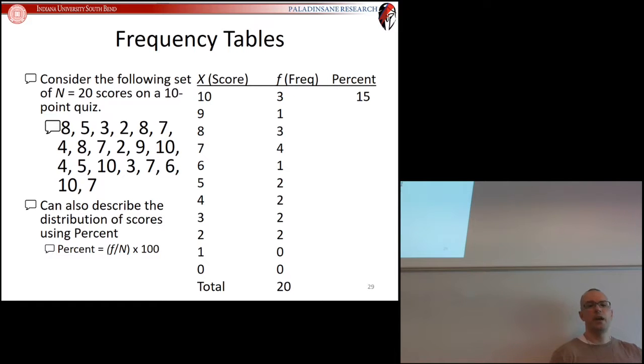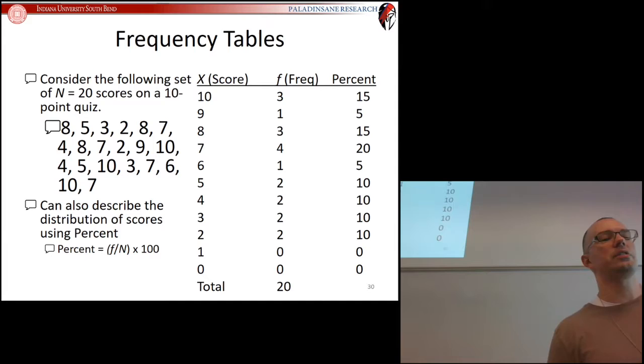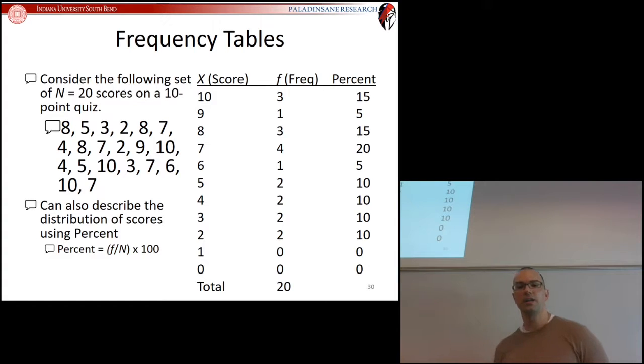We can do that for every single score here, and we end up with these particular percentages. 20% of students scored 7, 10% of the students scored 5. And again, it's very easy to answer questions such as: 40% of the students scored 5 or lower, 35% of the students scored 8 or higher. It makes those calculations a lot easier.